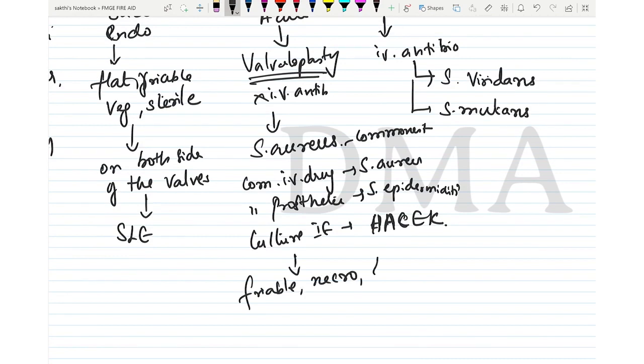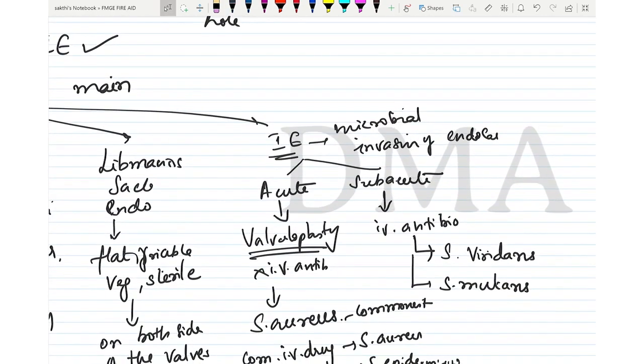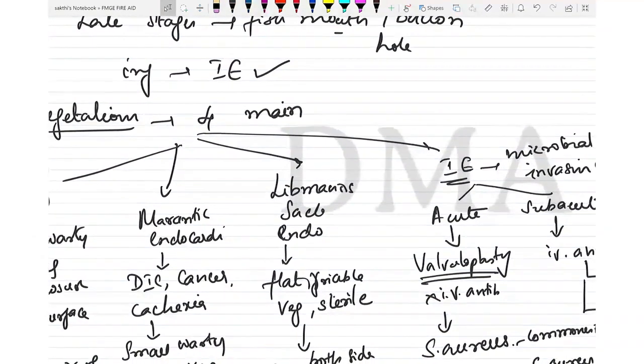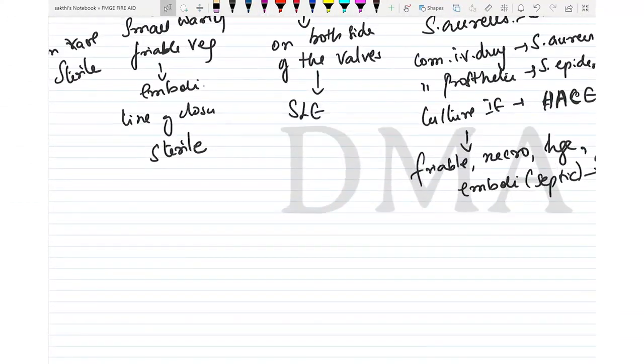Then we are going on to cardiomyopathies. That means disorders exclusively associated with the myocardial tissue of the heart. So we have hypertrophic cardiomyopathy, dilated cardiomyopathy, and restrictive cardiomyopathy.